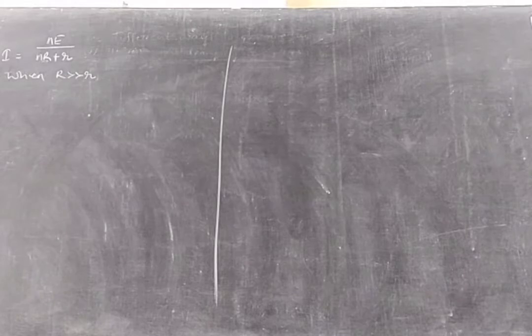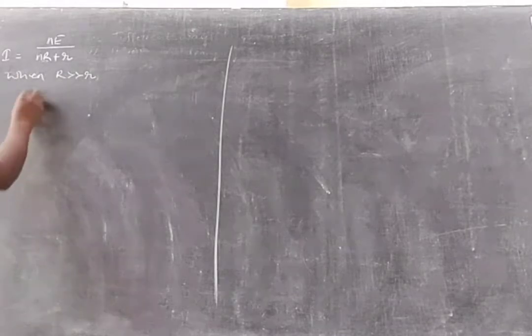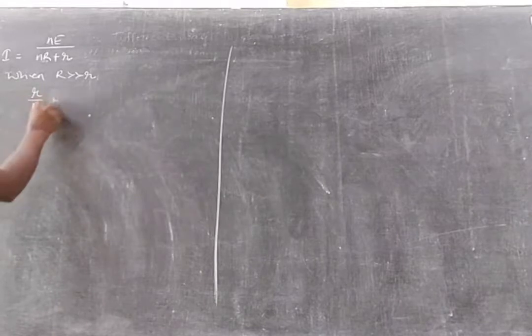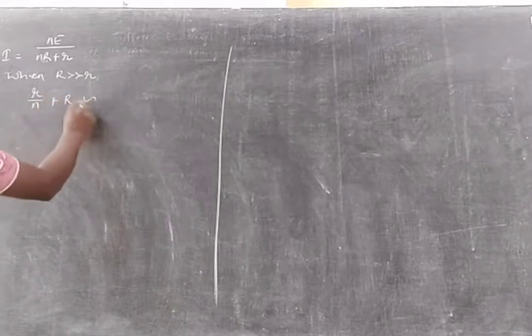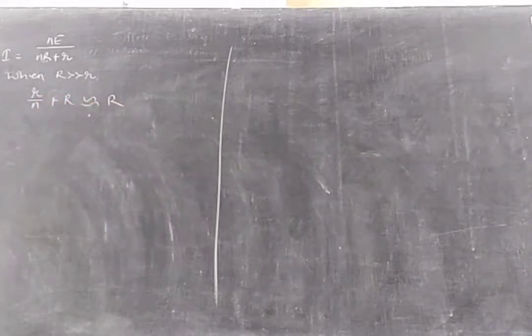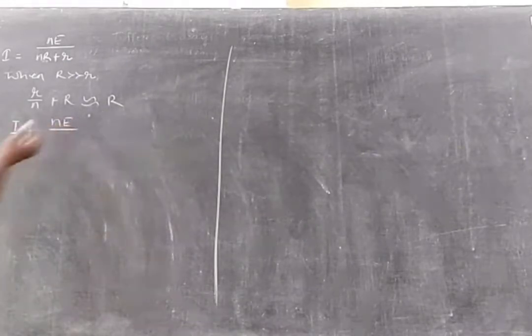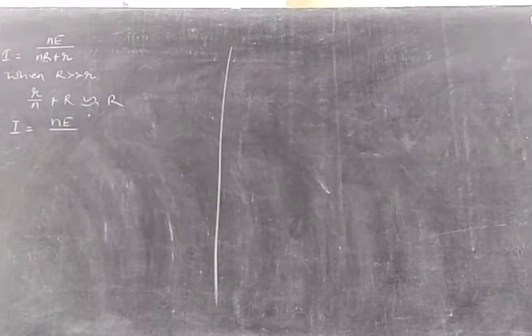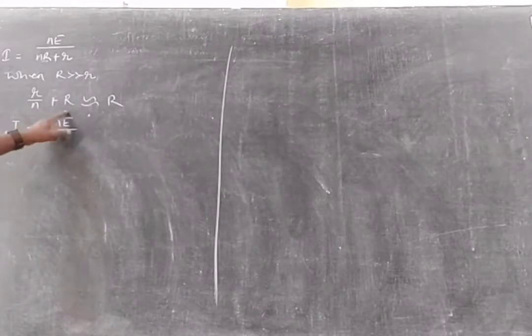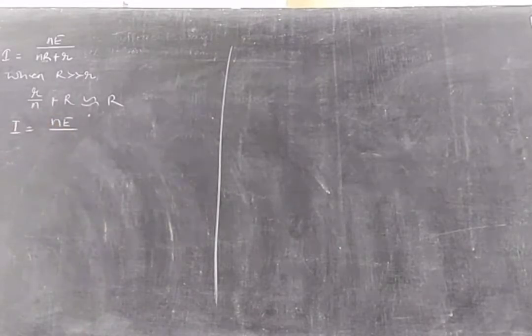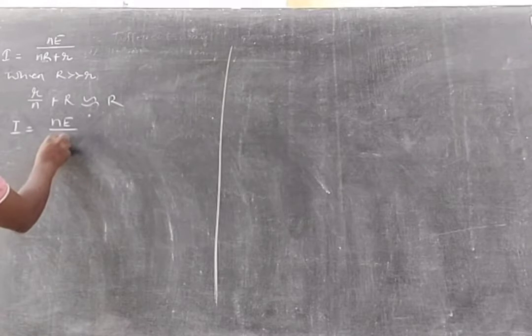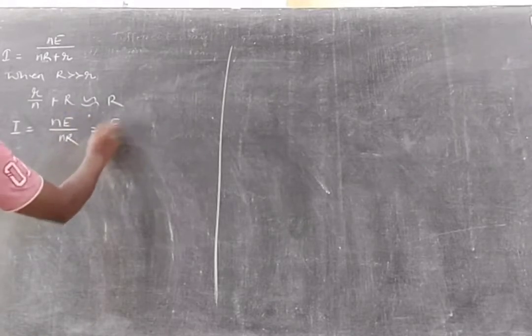The denominator, R by N plus the external resistance R, is almost equal to capital R. So therefore I becomes N E by N R, which is E by R.